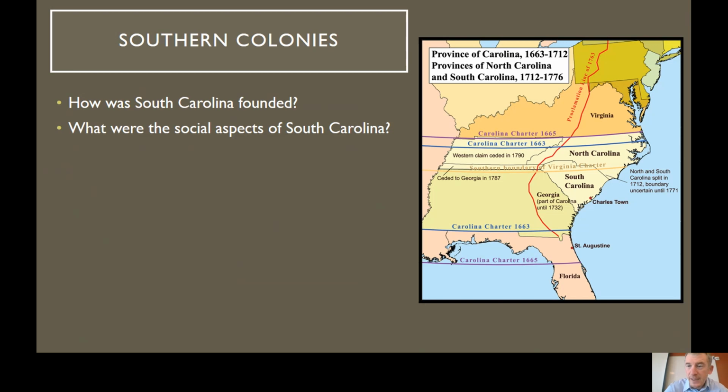It's another proprietary colony, P-R-O-P-R-I-E-T-A-R-Y. So a proprietary colony, just like Maryland, is chartered by the king, who has given certain people the power to have this land.